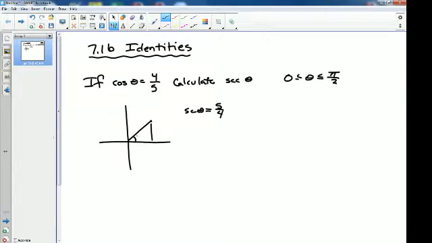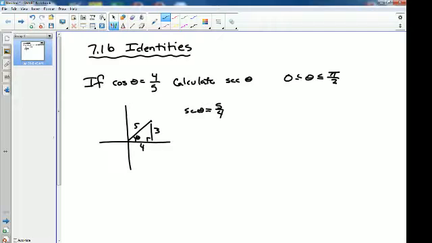If this is theta, cosine is 4/5. Okay. If you wanted to, you could solve for that side. But everything that I gave you was isolated in that first quadrant. So everything was positive, right? Sine and cosine, and everything is positive in quadrant 1.